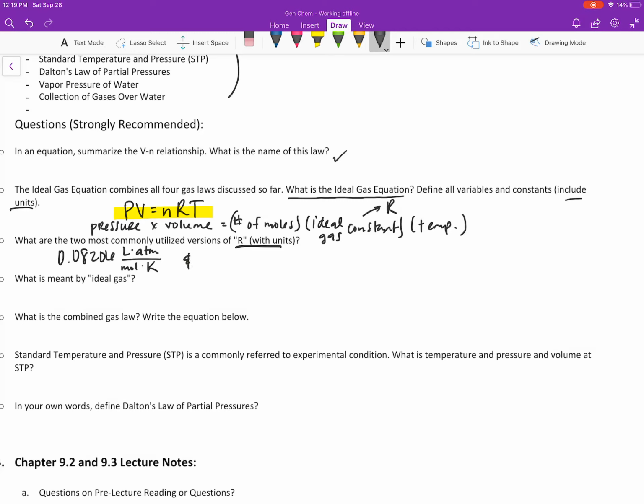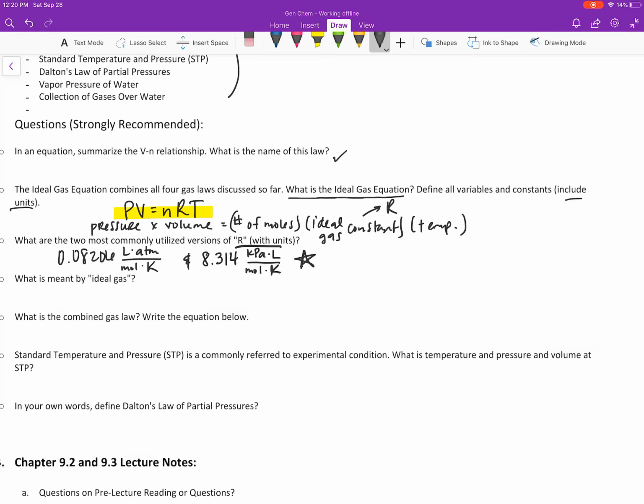The other version of the ideal gas constant that gets used a little bit less is 8.314, and the units are kilopascals times liters divided by moles times Kelvin. The only difference between these two is that the units of pressure are different. You need to know the ideal gas constant R, the value, and the units.